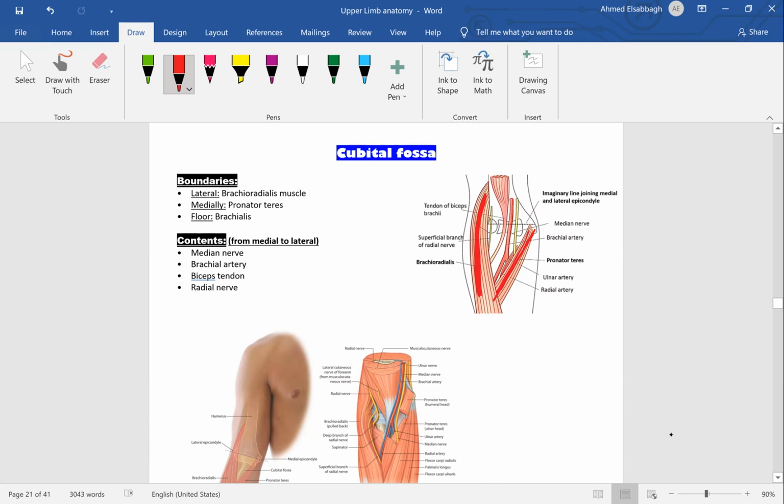From medial to lateral, they are in the mnemonic MBTR. And the order of these structures must be asked in the final exam. From medial to lateral: M, median nerve.